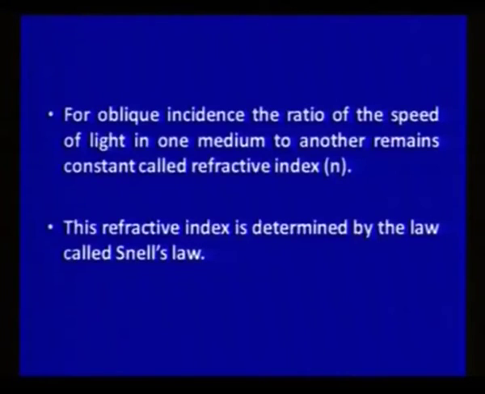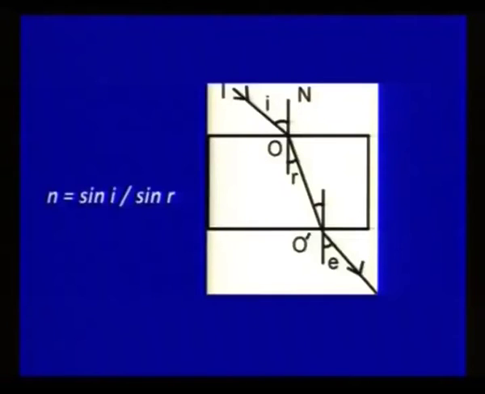But for oblique incidence, as you can see in this diagram, the ratio of the speed of light in one medium to another medium remains constant, and it is called the refractive index, denoted by n. This refractive index is determined by Snell's law, which says that the refractive index n is the ratio of the sine of the angle of incidence to the sine of the angle of refraction.